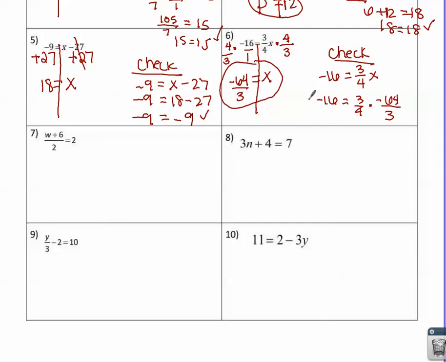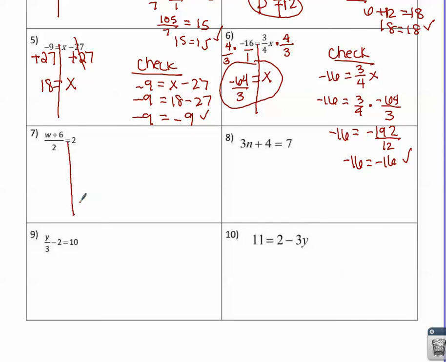Negative 64 times 3 is negative 192 divided by 12. If you long divide this out, it does reduce to give you negative 16. Okay, so it's okay to have a fraction as an answer, but do not turn it into a decimal and leave it as improper reduced.